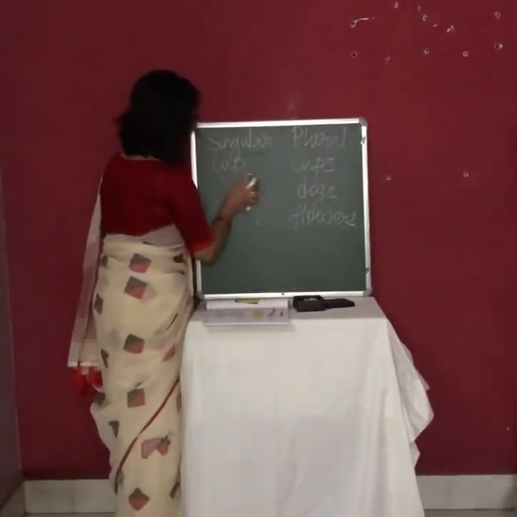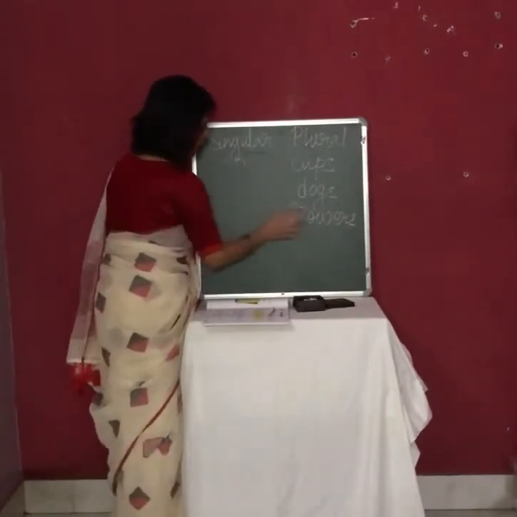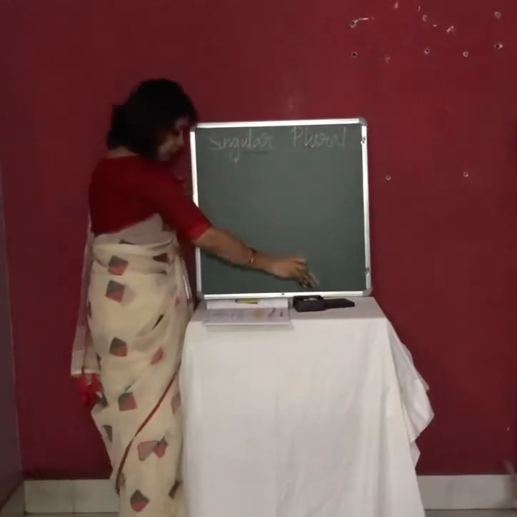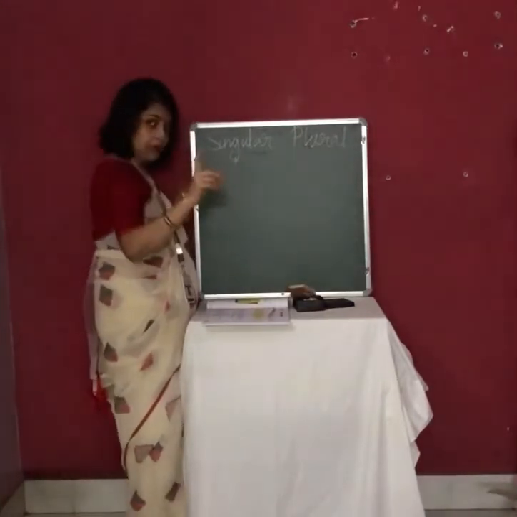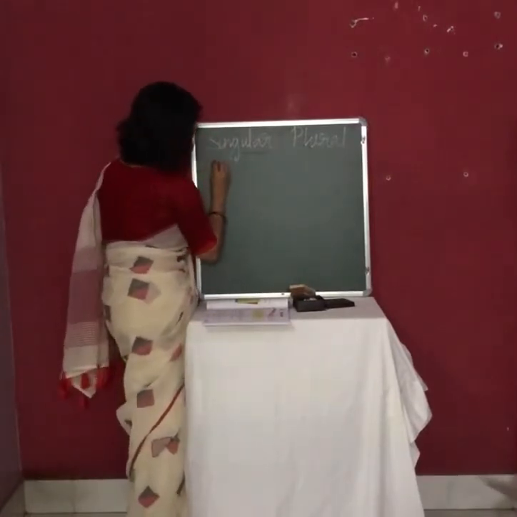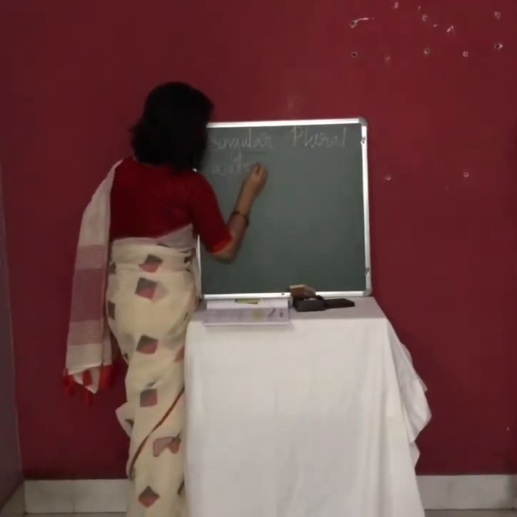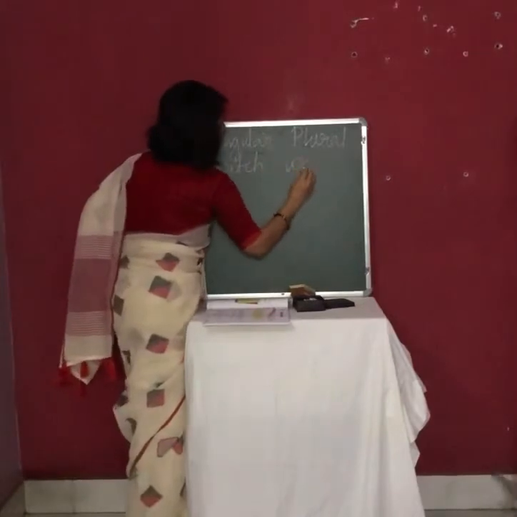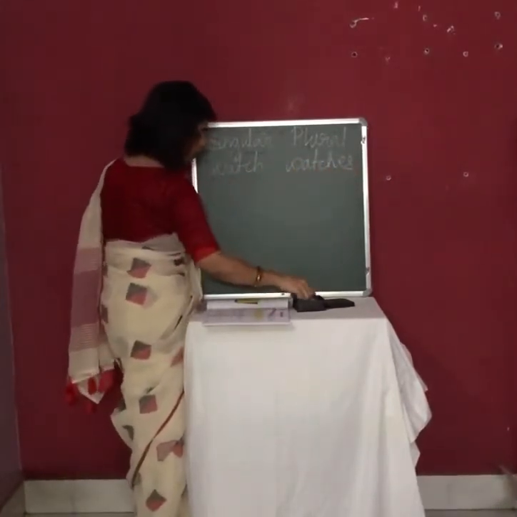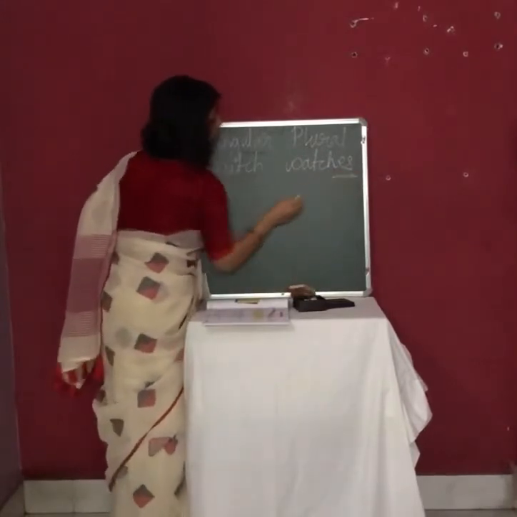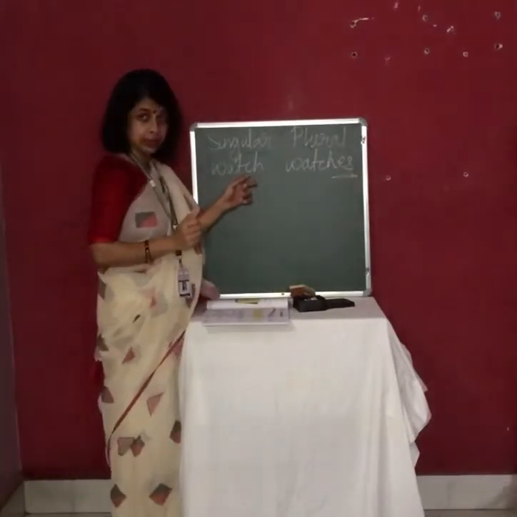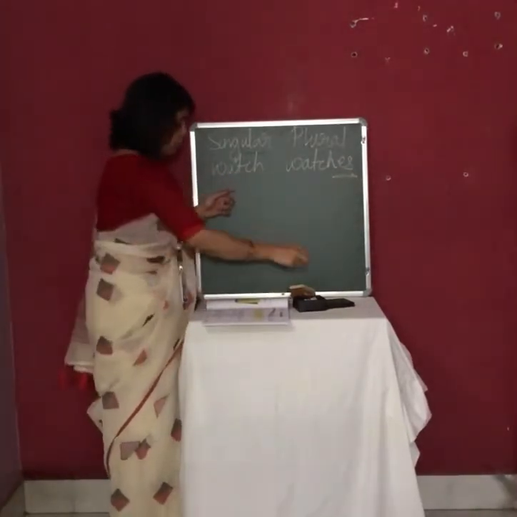Now let us see those nouns where there's a slight change in the spelling when you're changing from the primary word, that is the main singular word, to its plural. Supposing watch. What would be the plural? Watches. Have you seen, children, that ES is added to the singular word?